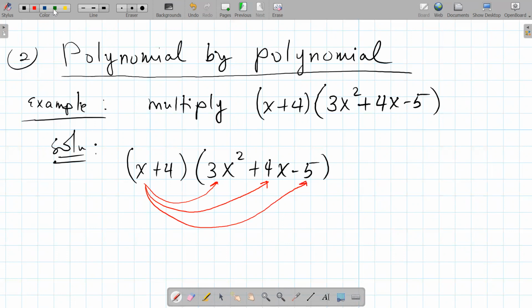Then the 4 is also going to do the same. Multiply that, multiply that, and we'll also multiply that. Okay, so that is how we're going to be doing this one.